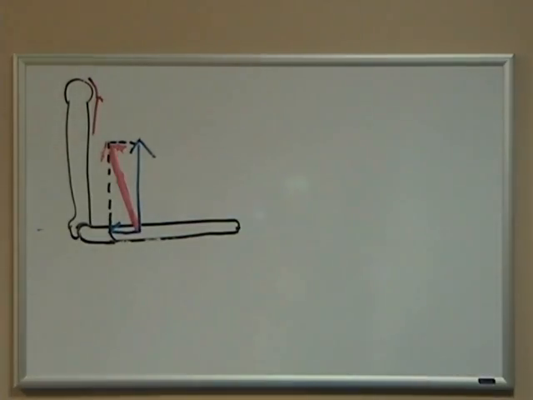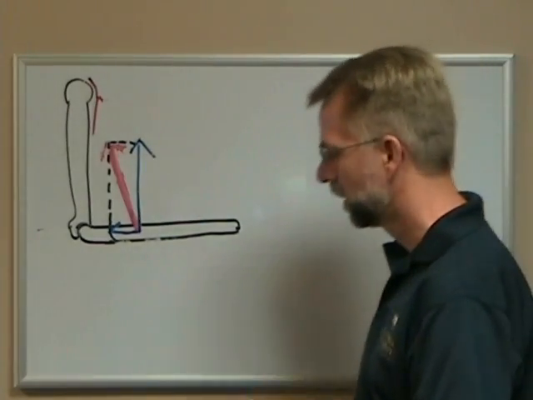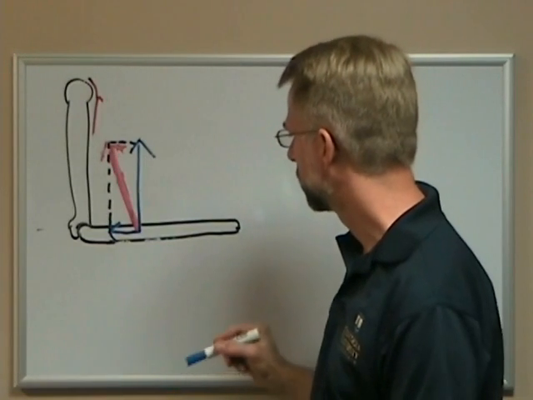So, what do these component vectors actually mean then? That's the big question. Well, what they mean is this.